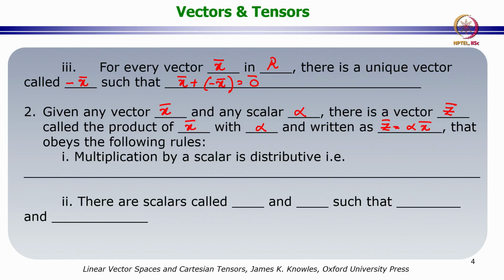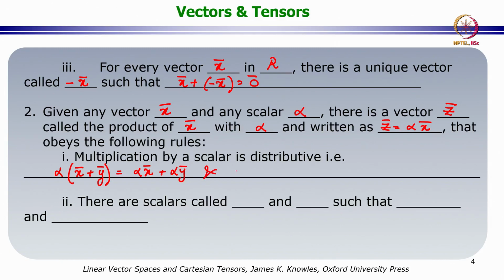That obeys the following rules, right. So multiplication now is going to be distributive. So if I want to multiply alpha with the sum of two vectors, let us say x and y, then it basically means I can do alpha x bar plus alpha y bar and add the two together, and I get the same thing.